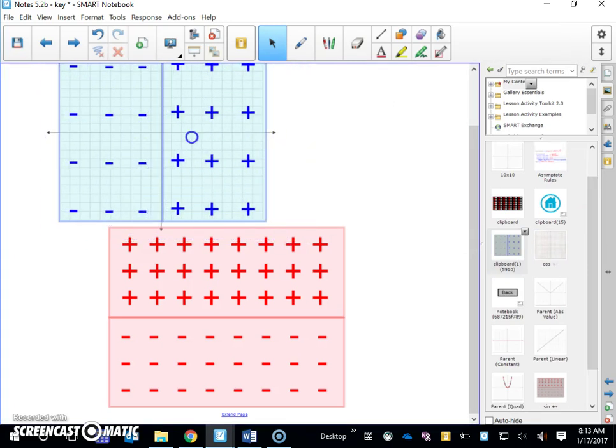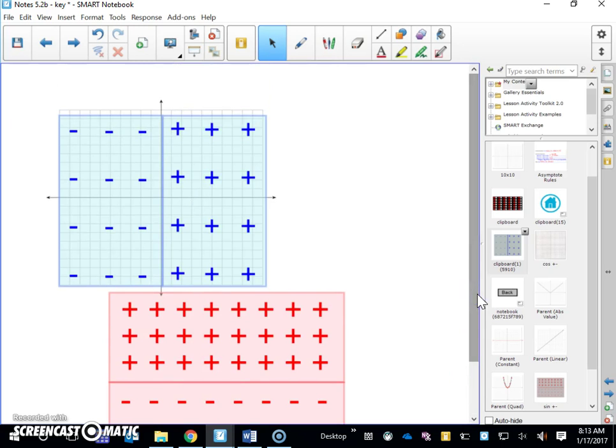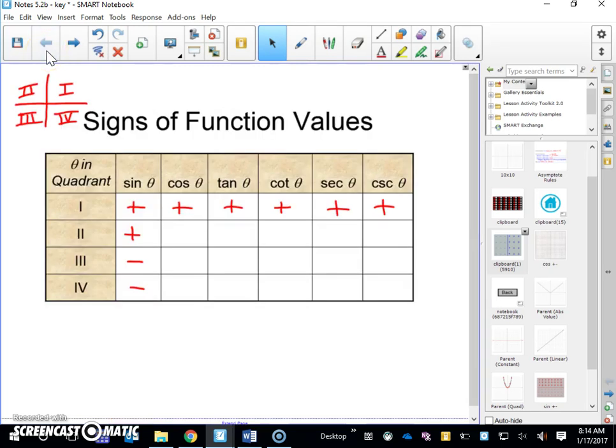So look at where the x values are positive. Which quadrants have positive x values? 1 and 4, right? Quadrants 1 and 4 are going to have positive x numbers. And so that's what I remembered. For cosine, which went with the x, quadrants 1 and 4 had positive x numbers.